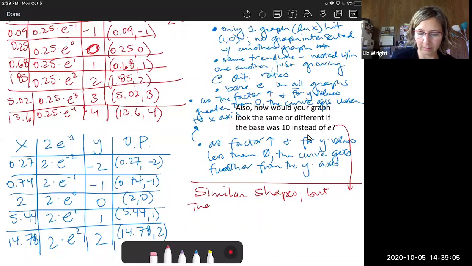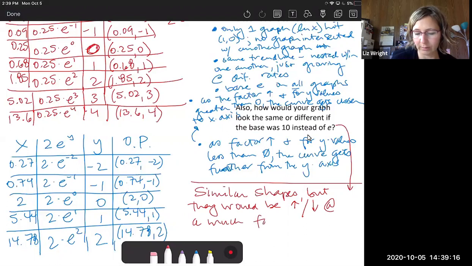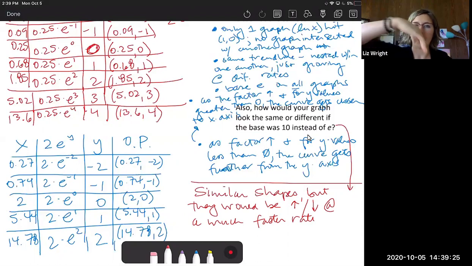But they would be increasing or decreasing at a much faster rate. Like they're either pulling towards the x-axis or pulling the other way towards the y-axis at a much faster rate, and kind of growing along each of those axes at a much faster rate depending on what the function looked like and then having the base of 10.